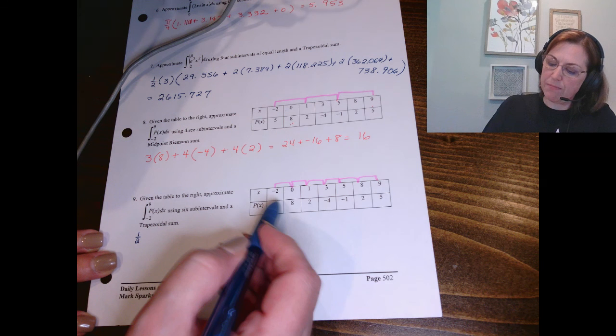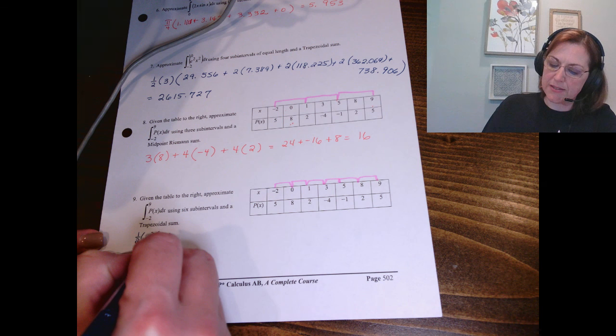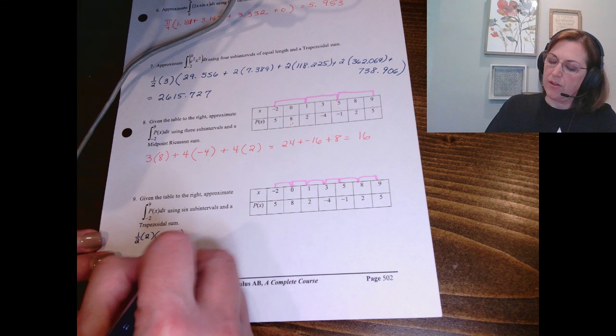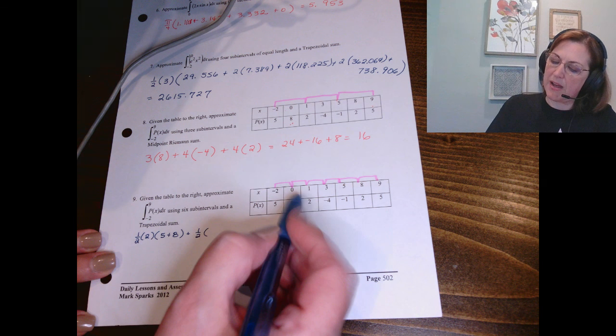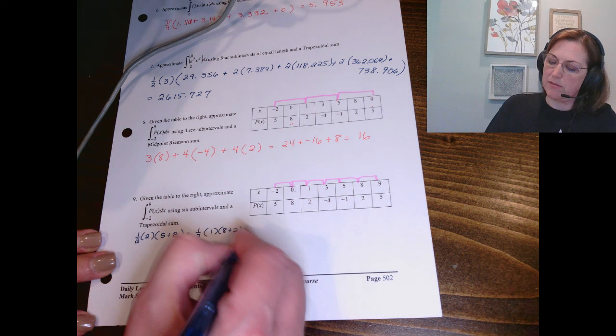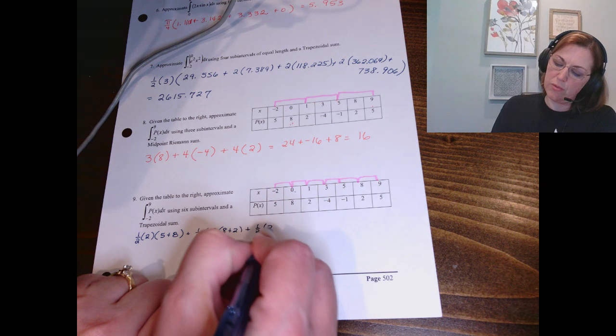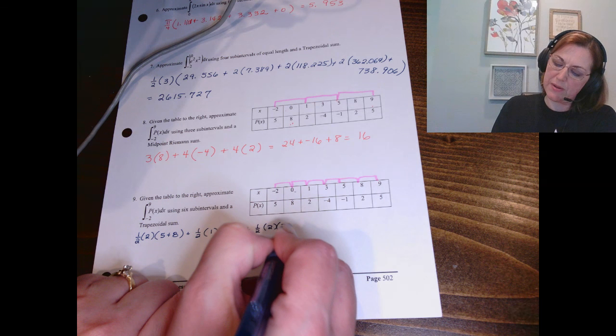So my first one, the height is 2, and we add those bases. Okay, my second one, my height is 1, and we add those bases. Okay, my next one, my height is 2, and we add those bases.